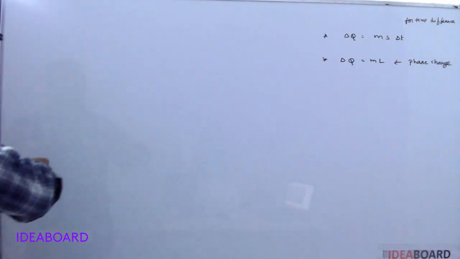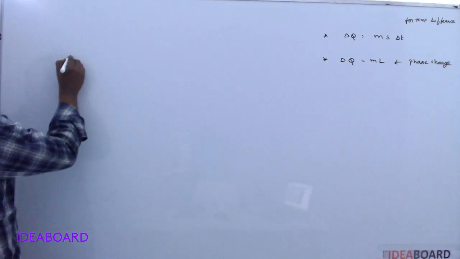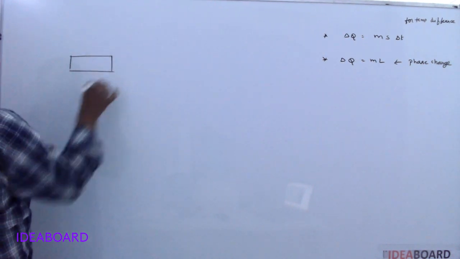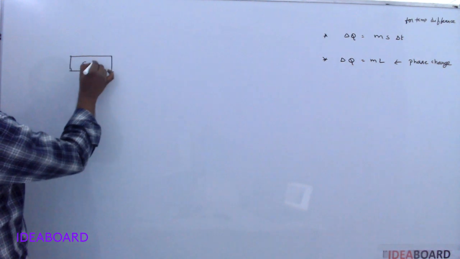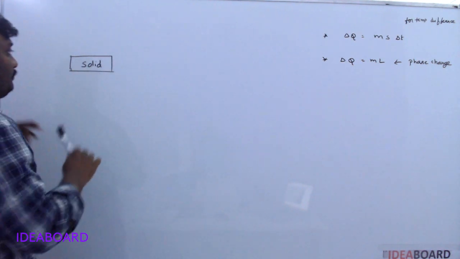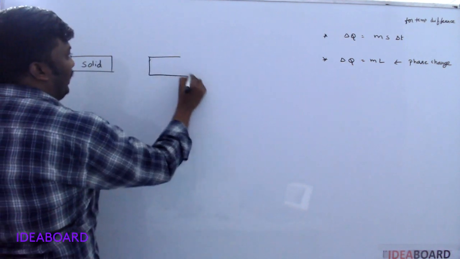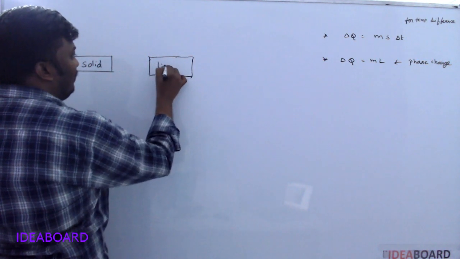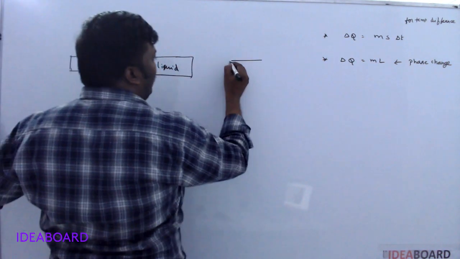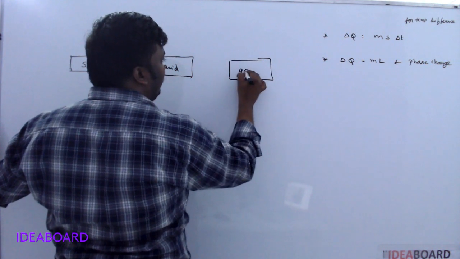Now, we know certain concepts. A substance is generally available in three states: solid, liquid, or gaseous.